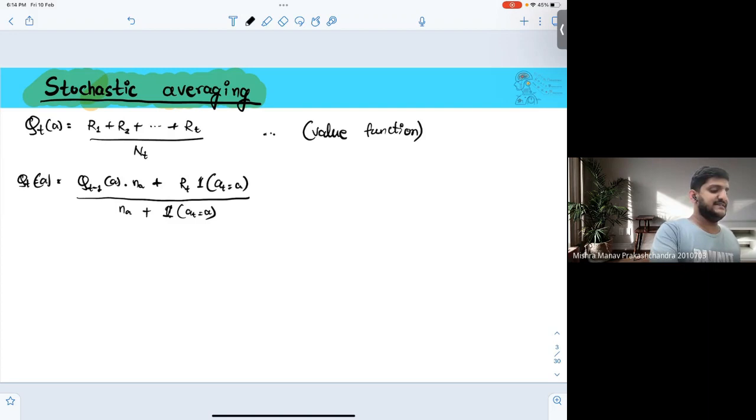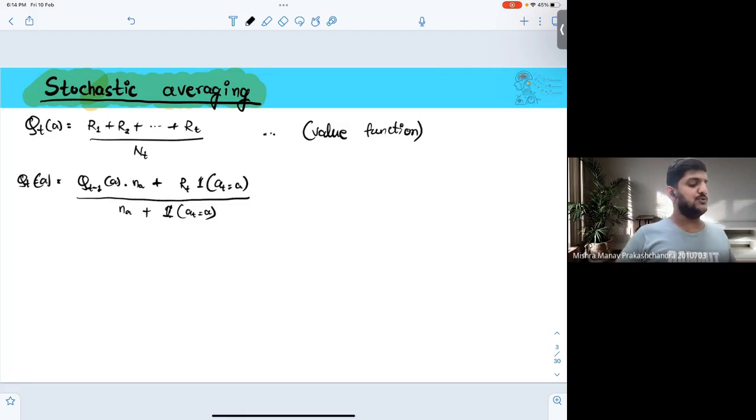So the difference in these two formulations, or the strength of the second formulation, is that I no longer need to keep a history of all the rewards that I have accumulated so far. So let's say my capital T is 1000. Okay. So I don't need to keep a list of the reward I got at time 1, time 2, time 3, up till time 1000.